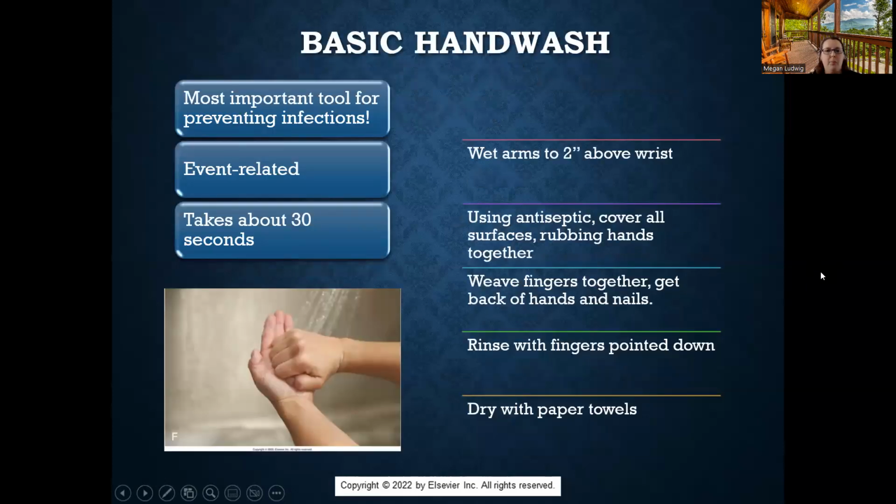Okay, part of also maintaining the sterile field starts before we even set up the sterile field. Okay, it starts with the basic hand wash. Now your hands, your skin as it is, cannot be considered sterile. Okay, that's important to remember. Your skin, because it is a living organism already, cannot be considered sterile. You also already have normal, what we call resident bacteria on your skin.